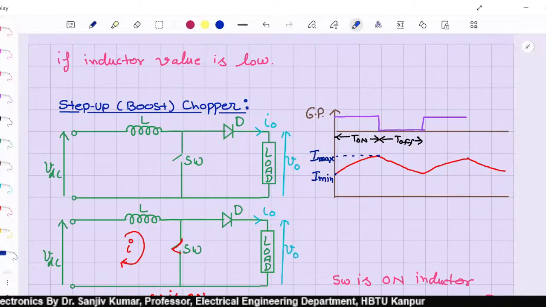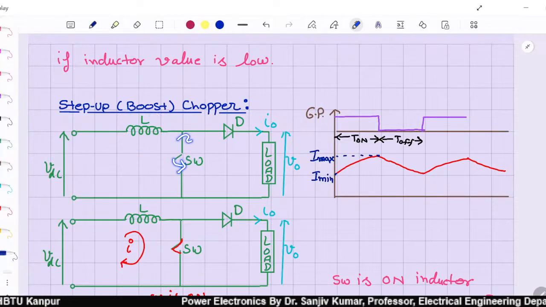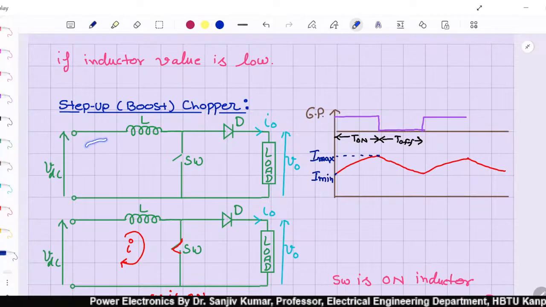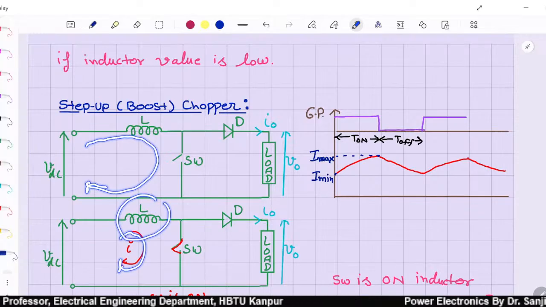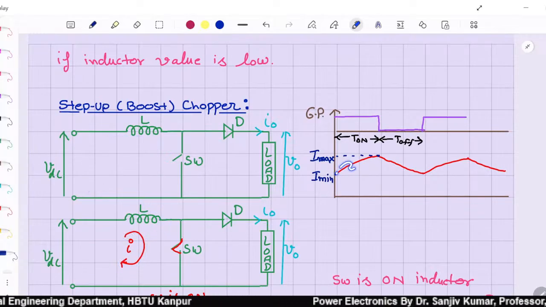Now let us understand the circuit. The circuit has one inductor, right? Whenever this switch is on, this inductor is short circuited and it stores the energy, and you can see the current is increasing.